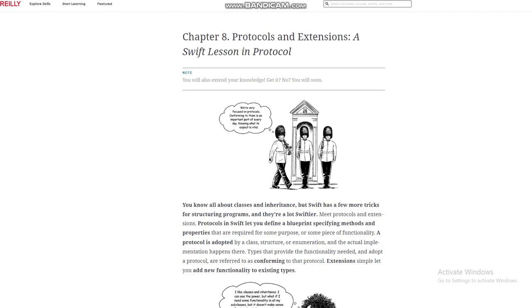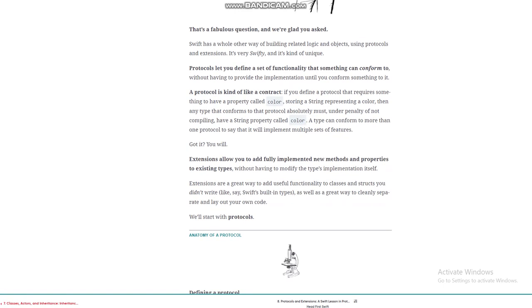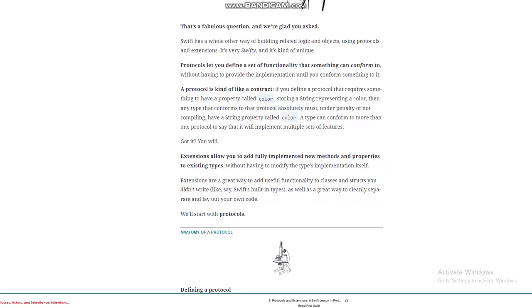A protocol is adopted by a class, struct, or enumeration, and the actual implementation happens there. Types that provide the functionality needed and adopt a protocol are referred to as conforming to the protocol. Extensions simply let you add new functionality to existing types, right?